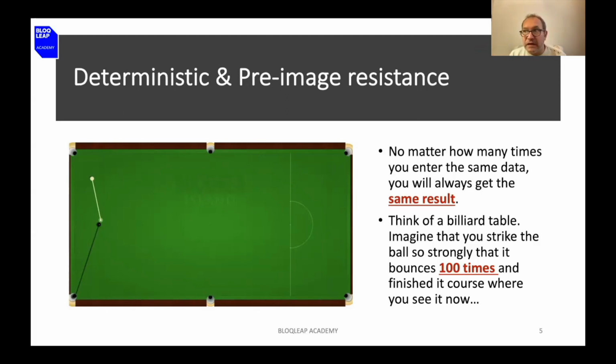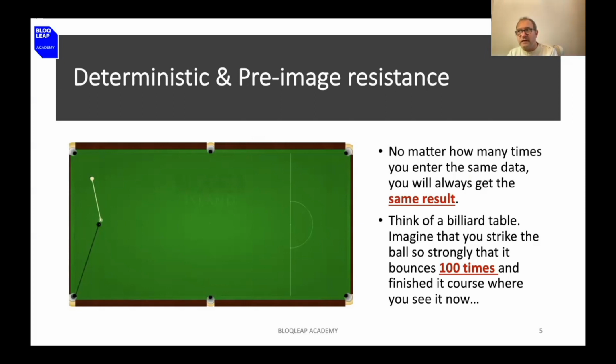This is what one-way hashing means. And deterministic means that, imagine you can kick it again. You put the ball again in the same place, you strike it in the same way, and if you have the same parameters at the beginning, you should have exactly the same pattern.